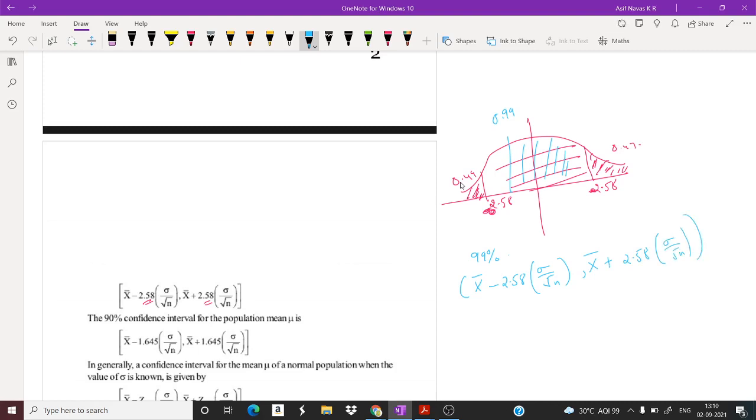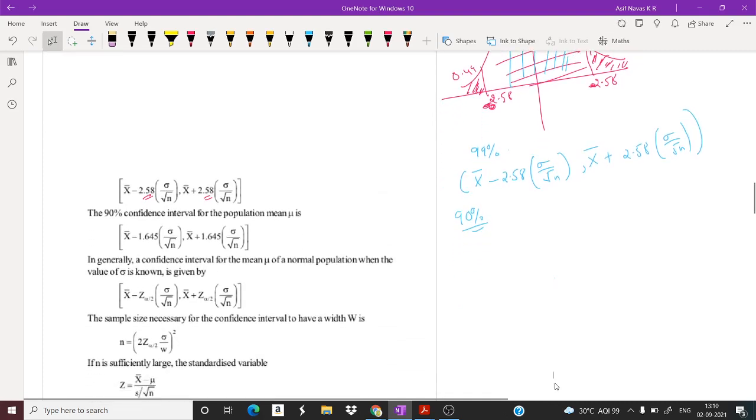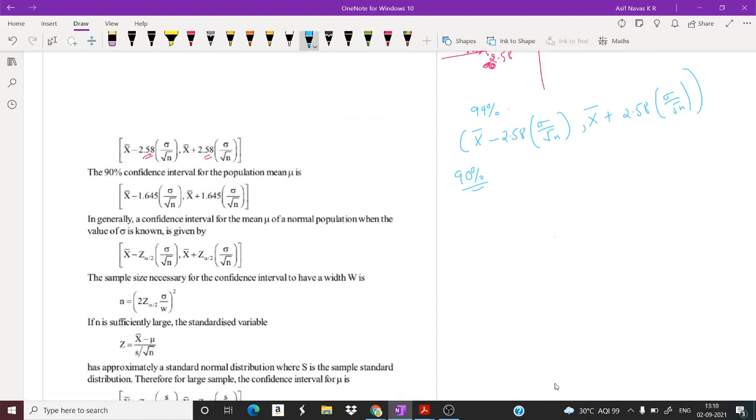So similarly, we can find the 90% confidence interval. For the 90% confidence interval, we will get x bar minus 1.645 sigma by root n, x bar plus 1.645 sigma by root n.